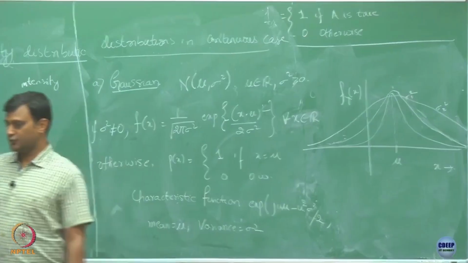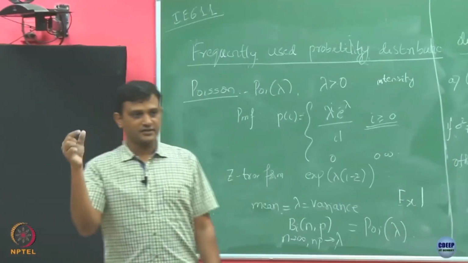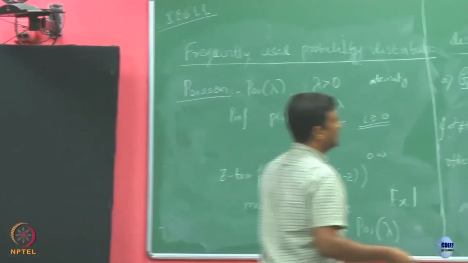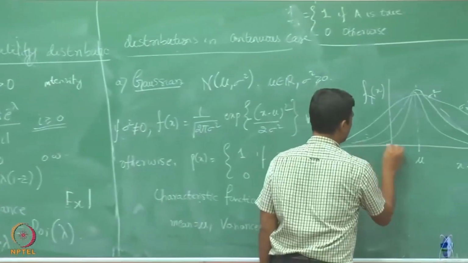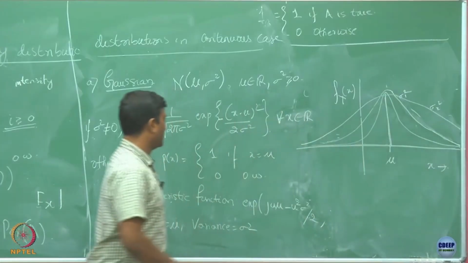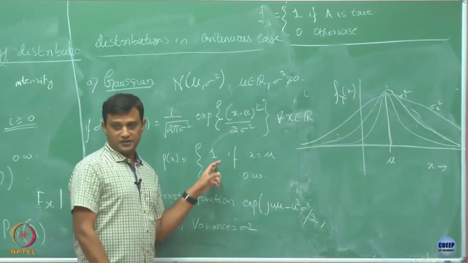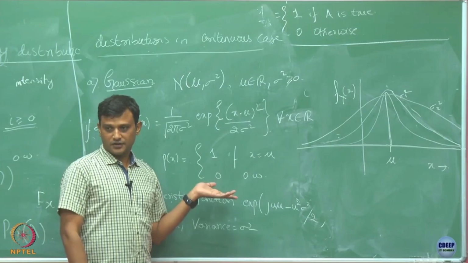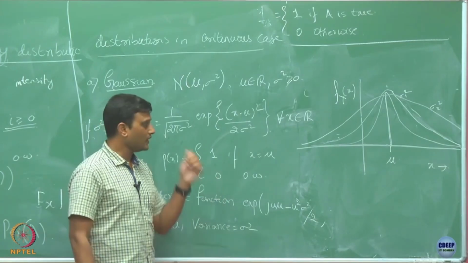And eventually, if you try to make sigma square 0, it will be just a delta at x equals mu, where it is going to take the value of 1 and it is going to be 0 elsewhere.